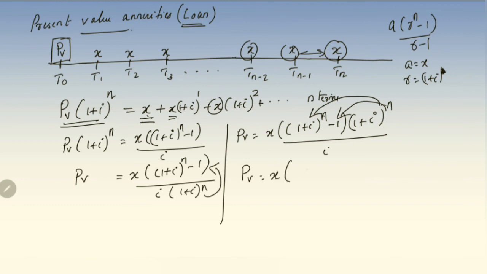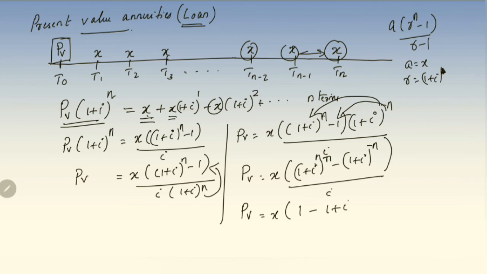So x times 1 plus i to the power n minus n is 0, that is going to be 1, minus 1 plus i to the power minus n, divided by i. So this is the formula that we are using to calculate the present value.